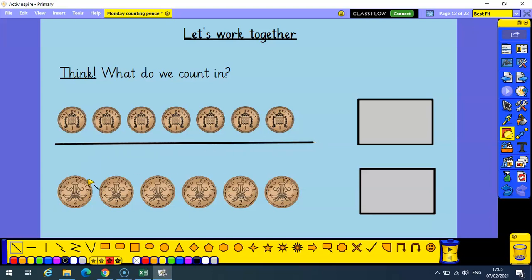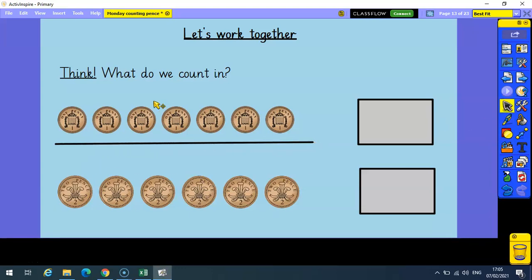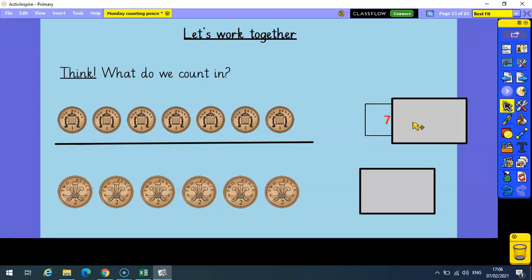Let me count the 1p's. 1, 2, 3, 4, 5, 6, 7. But when we're doing money, we never forget to put the correct symbol on. So we don't just write the number 7, we write 7p. So you need the little p afterwards.